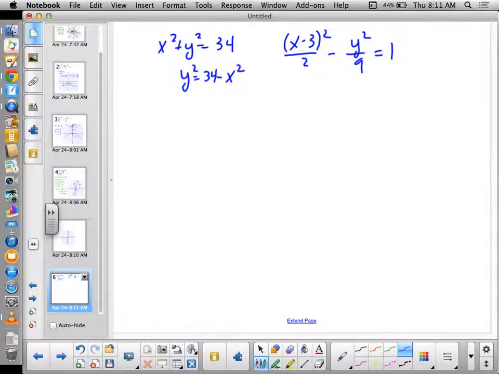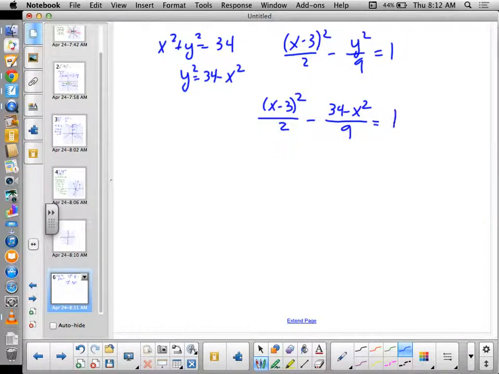So substituting that into this equation, I get x minus 3 squared over 2 minus 34 minus x squared over 9. And notice I do not square that. I'm substituting for y squared, not for y. So I don't need to square 34 minus x squared, because it's already y squared.